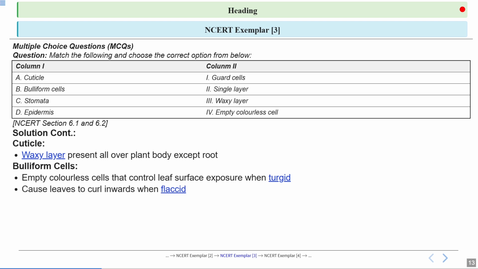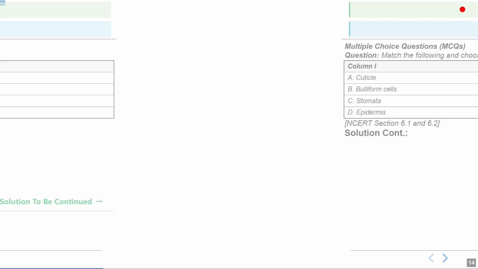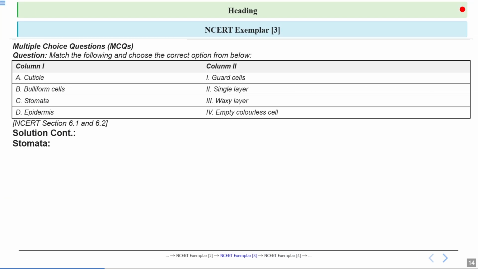This causes leaves to curl inward when flaccid, right? See here it is mentioned. Flaccid condition means they do not have any water in them. Stomata are minute apertures meant for gaseous exchange and bounded by two guard cells.